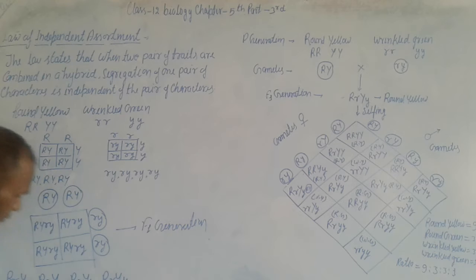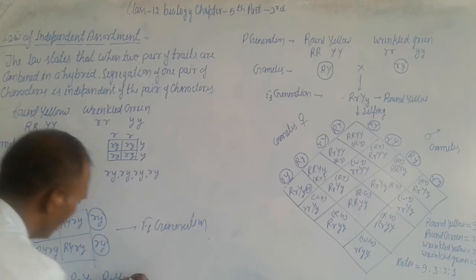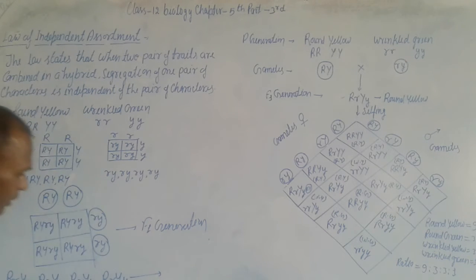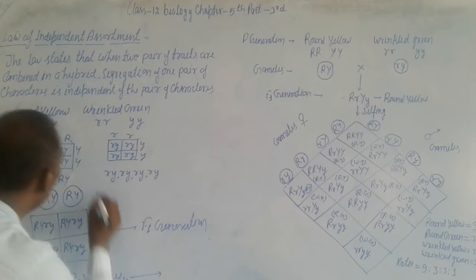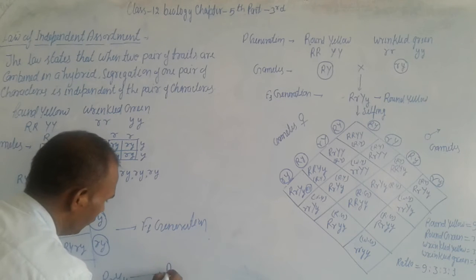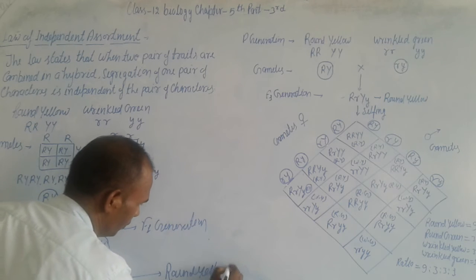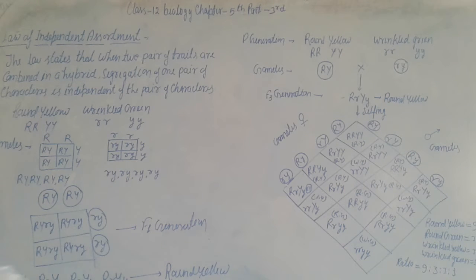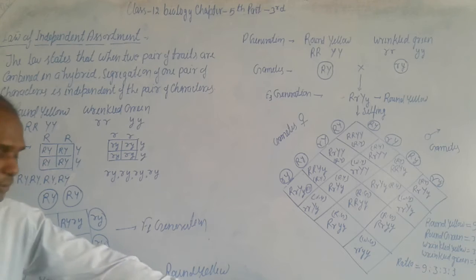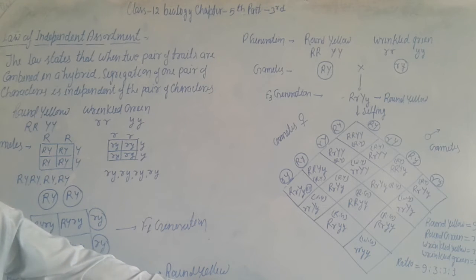These are the plants where all are round and yellow. All plants were round and yellow.